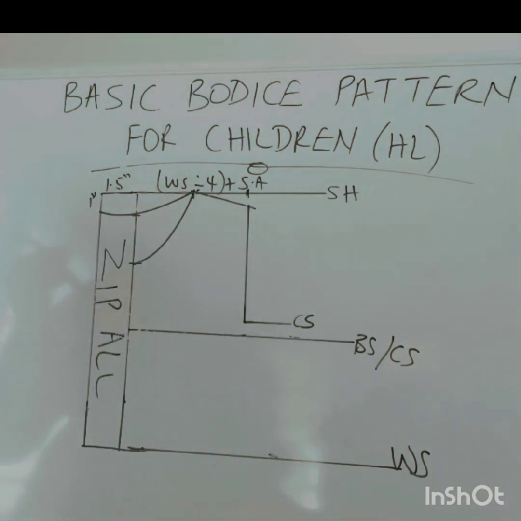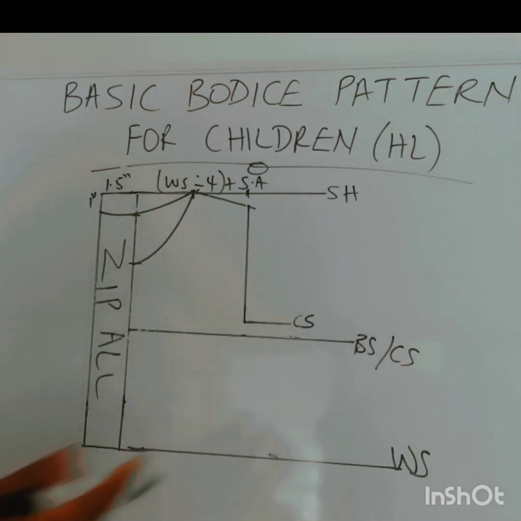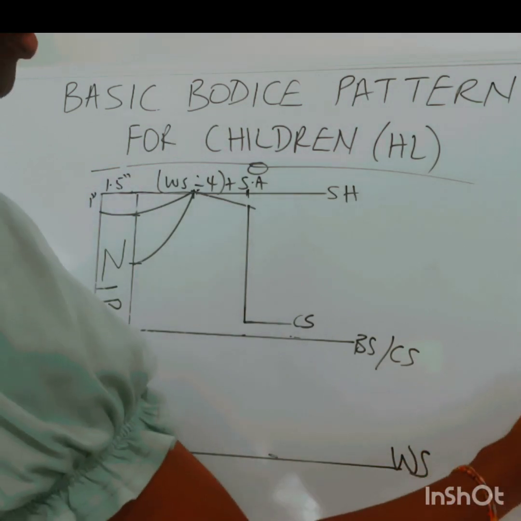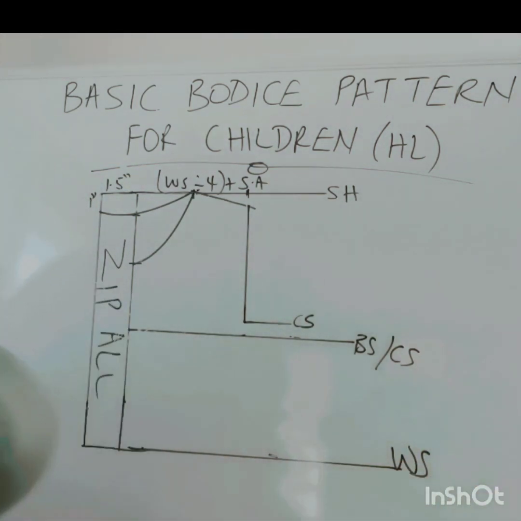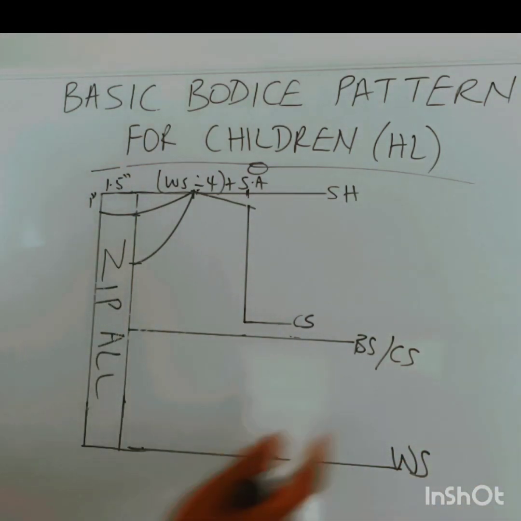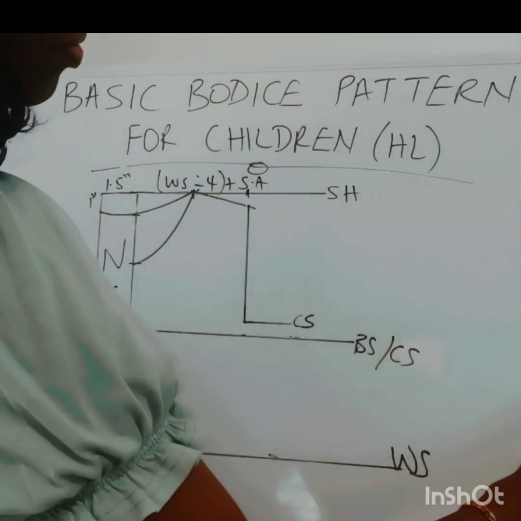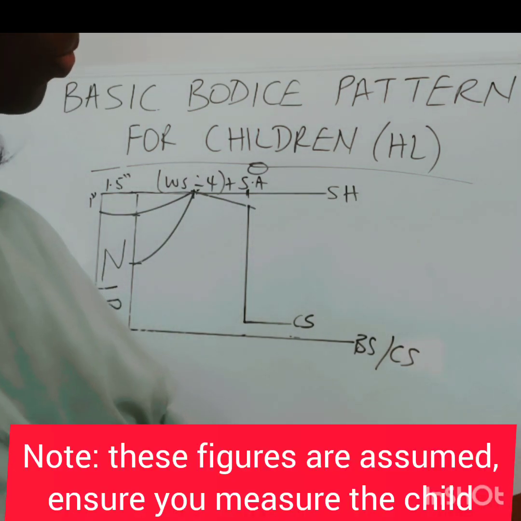So to know the armhole length, you simply divide the chest by 4. 21 divided by 4. And that should give us 5.2.